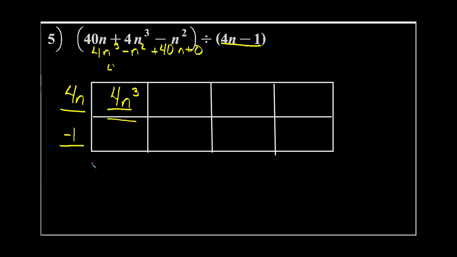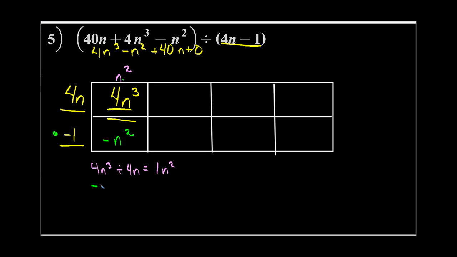And so if I have 4n cubed divided by 4n, I end up with 1n squared. And so I'm going to go ahead and fill in that 1n squared. Do I need this 1? The answer is no. So you don't have to write that. So I have n squared, and I am going to multiply that by my negative 1. So n squared times negative 1 ends up with a negative n squared.